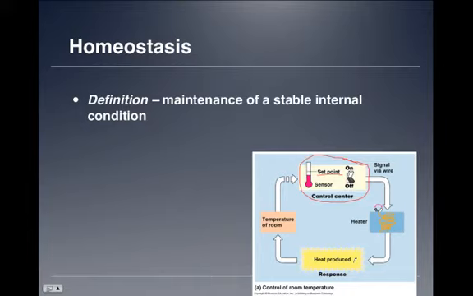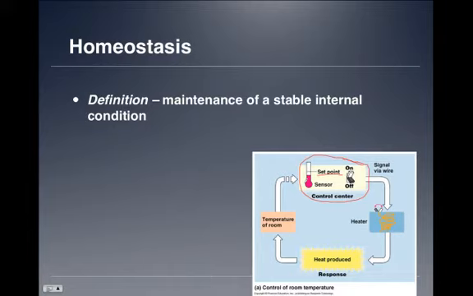So you might start to speed up your metabolism a little bit, and as you do, that's going to release heat as a byproduct. If you're really cold, you might start to shiver, and that muscular contraction that occurs when you shiver will actually release heat as well. And so again, bringing your body temperature back up to its normal set point.